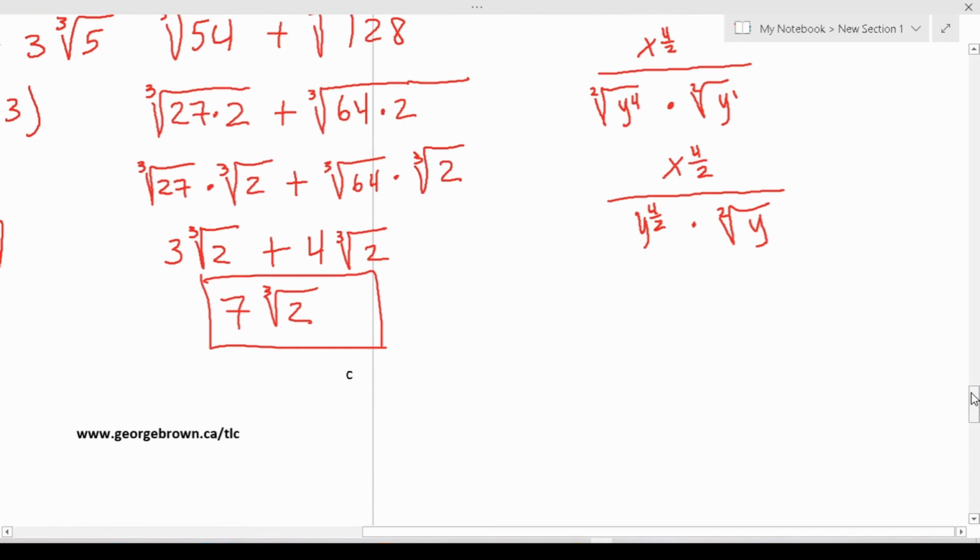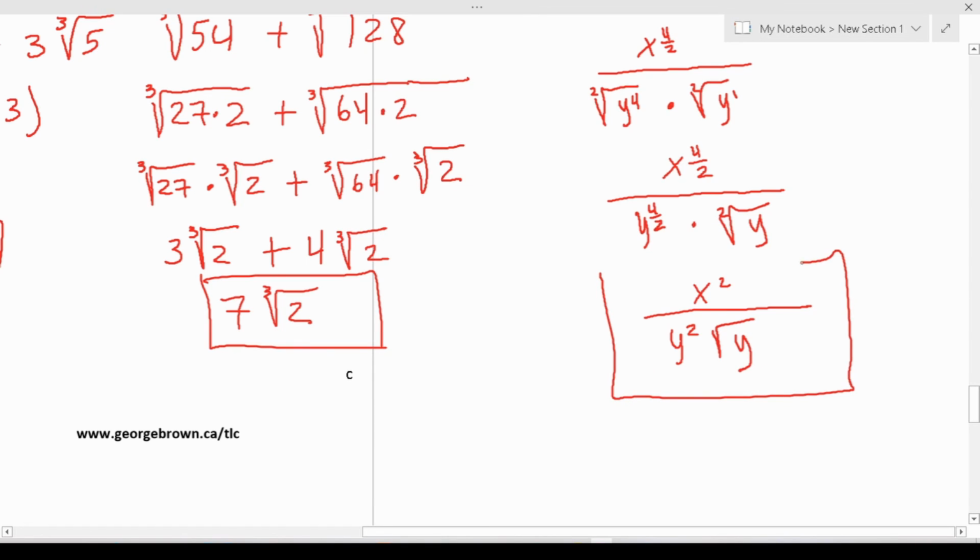So now let's just clean this up. This is x to the 4 over 2, or just x squared, given that 4 divided by 2 is 2. This becomes y to the 4 over 2. 4 divided by 2 is 2, so this is y squared. And then since this is the square root of y, we can just write this times the square root of y. And just like that, this one is simplified.